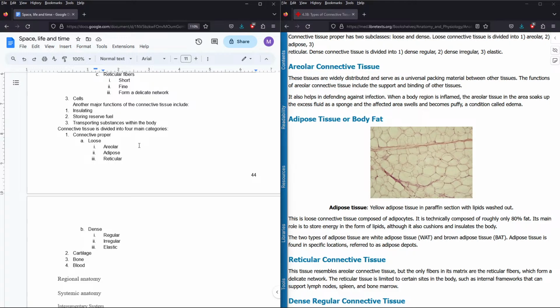The areolar tissue in the area soaks up the excess fluid like a sponge, and the affected area swells and becomes puffy, a condition called edema. That's actually very interesting.